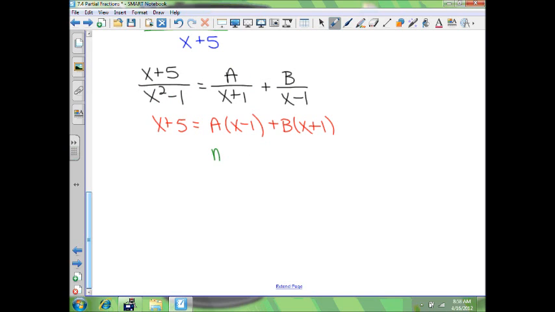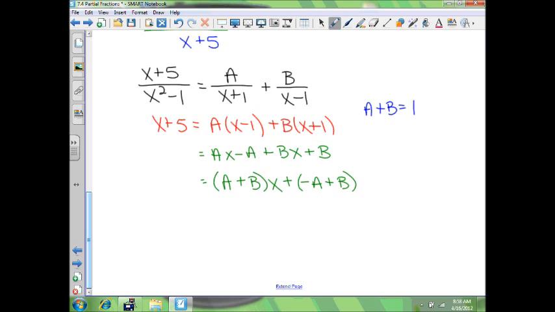Distributing, we have Ax minus A plus Bx plus B, which means we'll have (A plus B)x and negative A plus B. That tells you that A plus B equals 1, and also negative A plus B equals 5. If we add these down, the A's go away. 2B equals 6, so B equals 3.